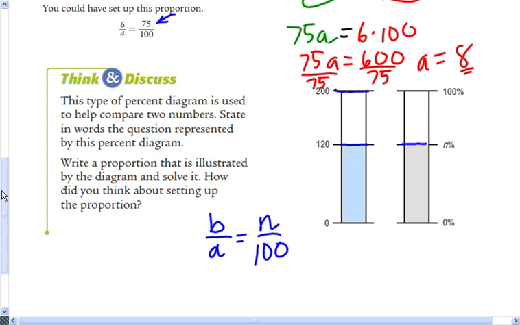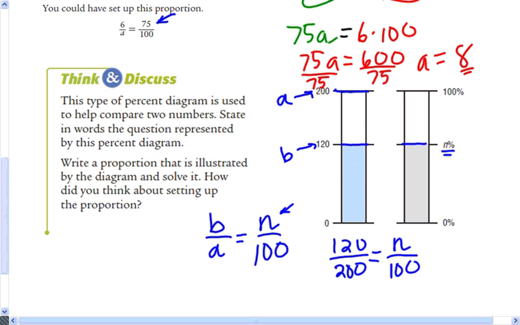In this diagram, the N is missing, so we don't know that, so we're not going to put any value there for N. The part is 120, it's 120 filled up out of the whole of 200. So B is 120, and A is 200. So if I put 120 where B is, and 200 where the A is, and leave the N where the percent is out of 100, then I'm going to use cross products to solve that.